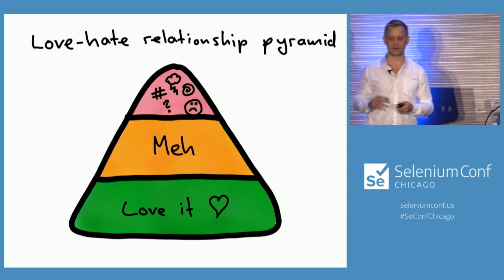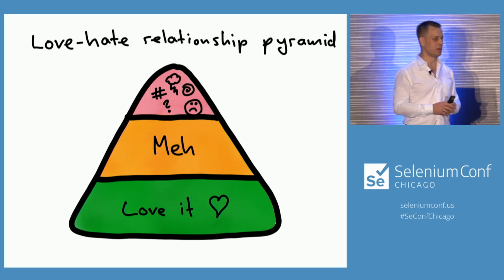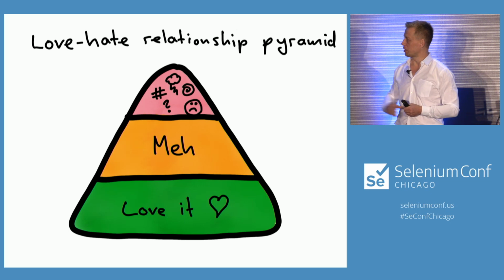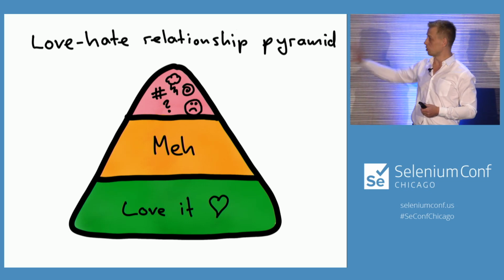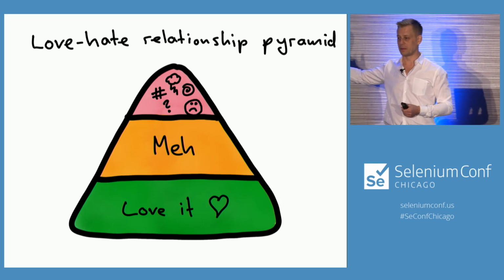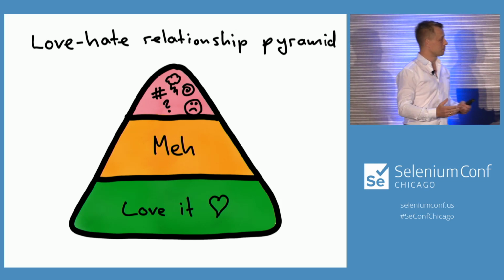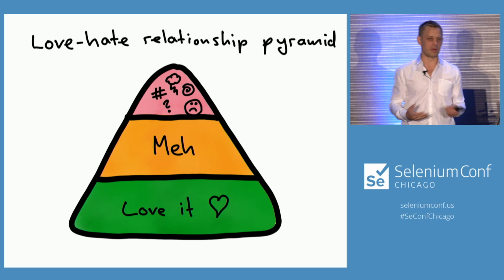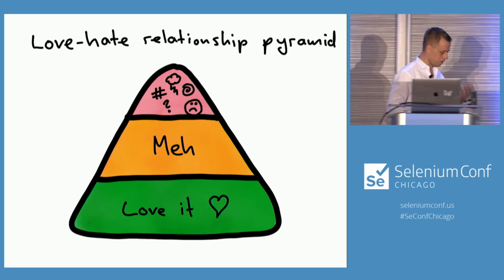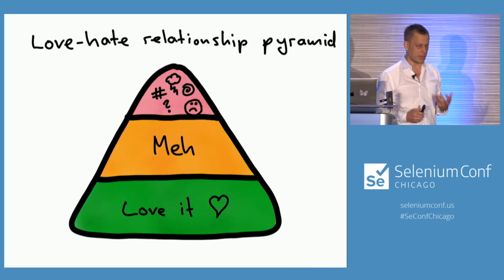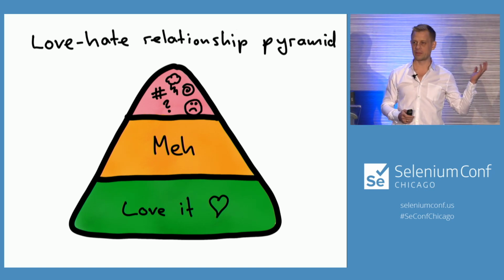So if we forget for a moment unit tests or service tests or integration tests or whatever, really what we care about is that we want to have very few of those tests that suck and lots of those tests that we love. That's really what we want to have. And somewhere in between, the meh tests. So what are the characteristics of tests that make us love them or hate them?